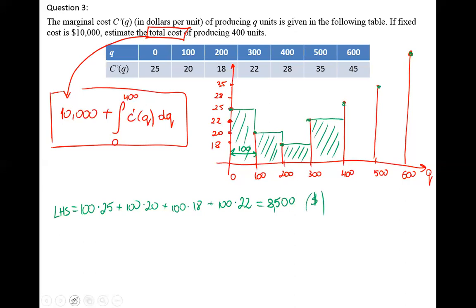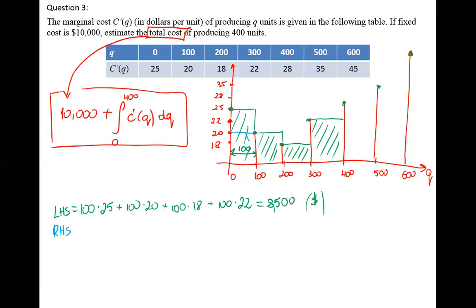Okay, now let's use maybe blue and let's estimate the right-hand side. Theoretically we can add 10,000 plus this. And this is one of them, but maybe we can take the average of both of them. That means the right-hand side will be different. Let's do it again. Looking at the interval from 0 to 100, 100 is on the right-hand side.